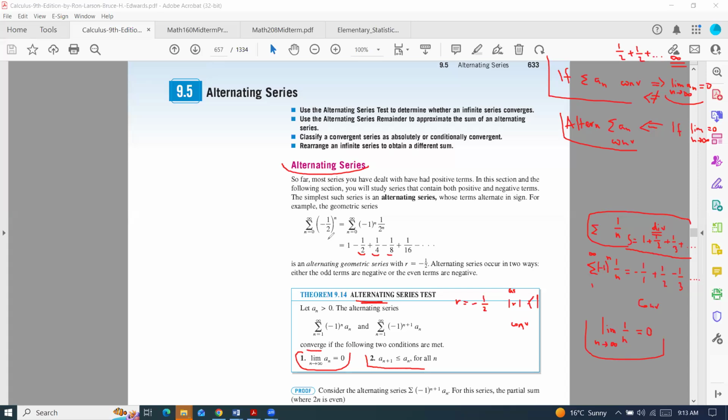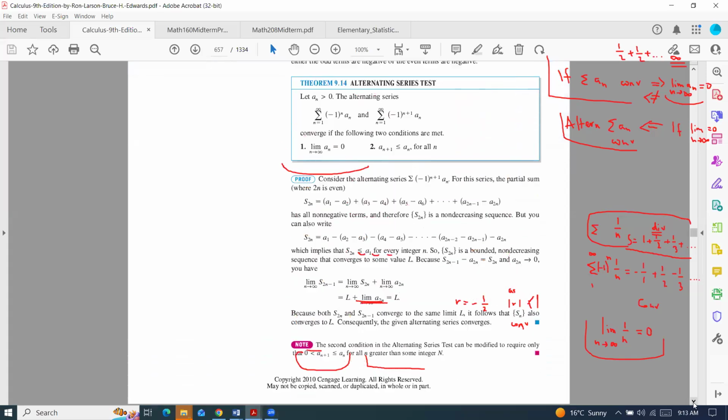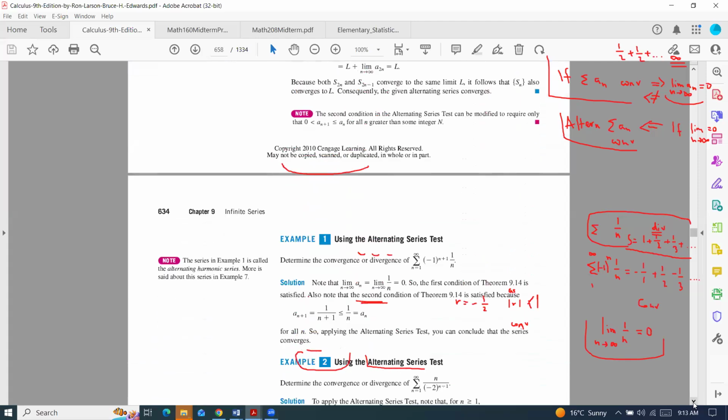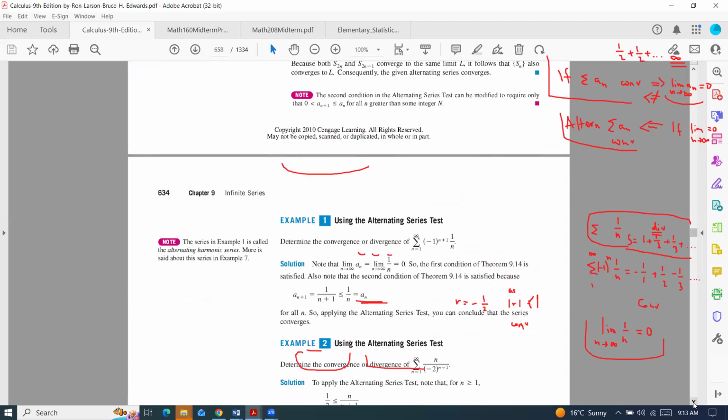Like if you started your first term not at 0, but at 1, the first term will be negative 1/2, so the first one will disappear. So it might start with a plus, it might start with a minus, as long as the signs alternate. And that's what section 9.5 is talking about, all series that have signs that keep on changing.